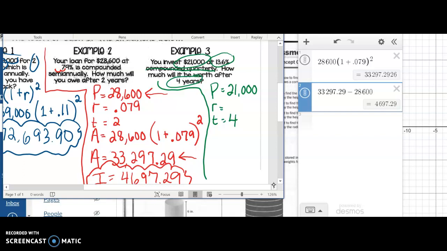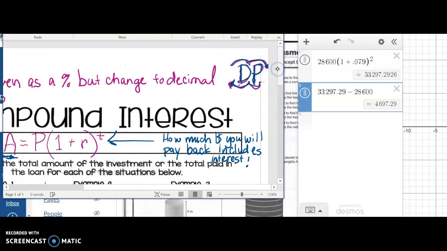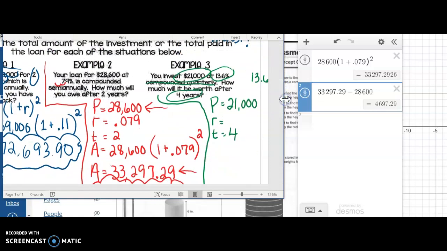My percentage is 13.6. Whoopsie. Yeah, so it's going to be moving 2 decimal places to the left. My rate will be 0.136.